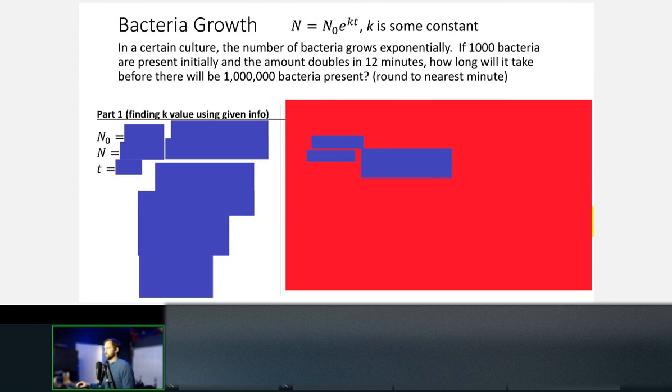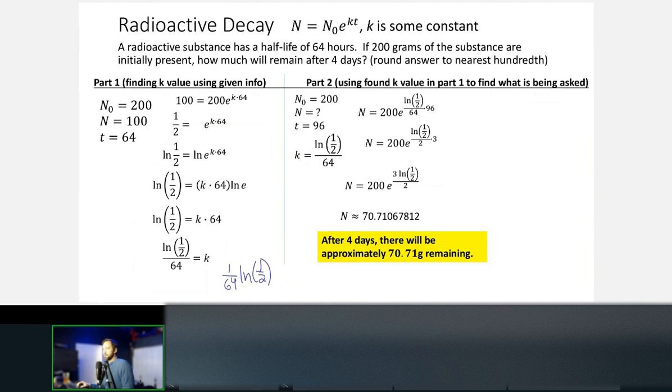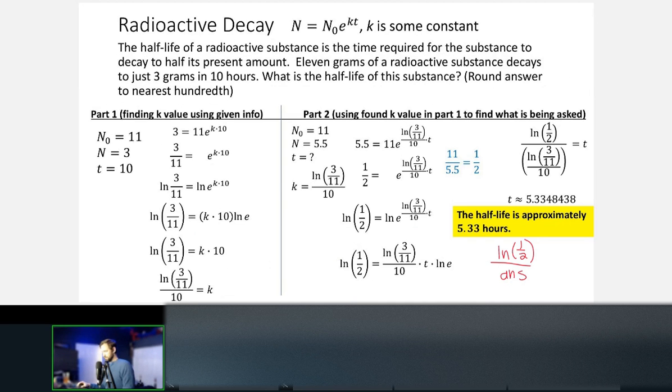All right. Let's try a growth. Again, it's done the same way. It's still the same equation. And if you notice, if you typed in this K value for radioactive decay and hit enter, your K values for radioactive decay will always be negative.